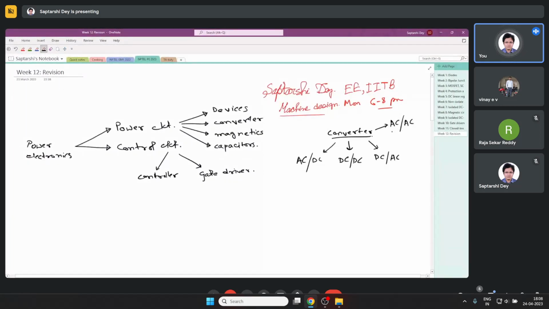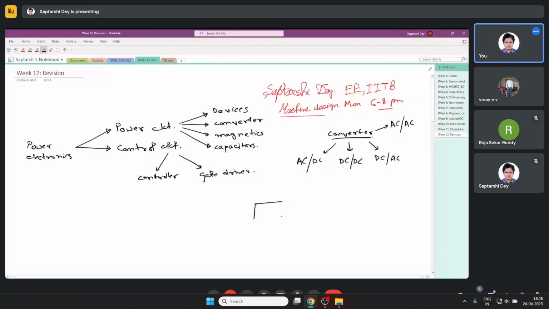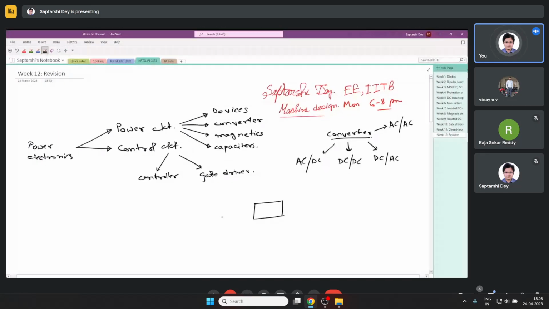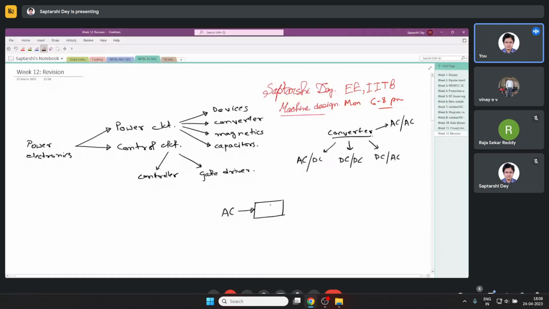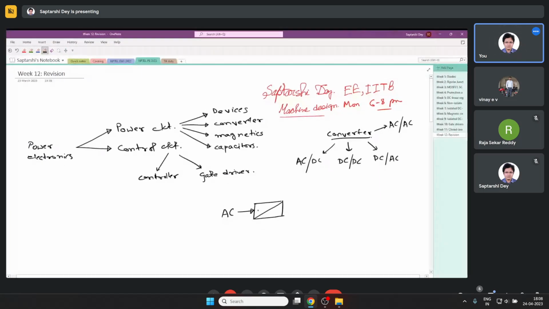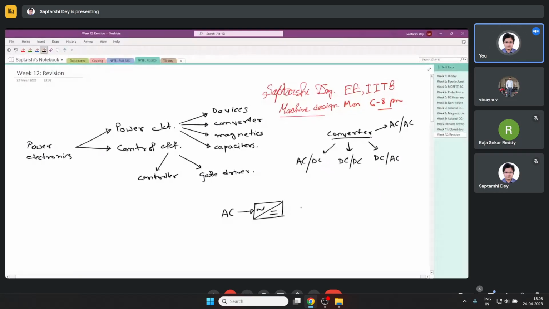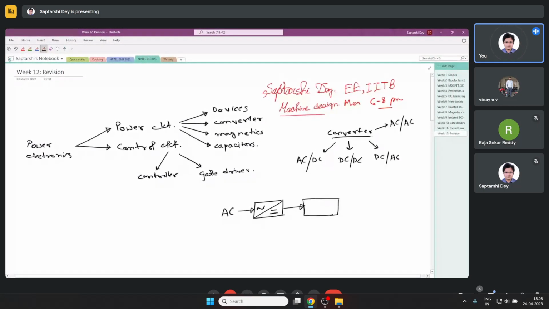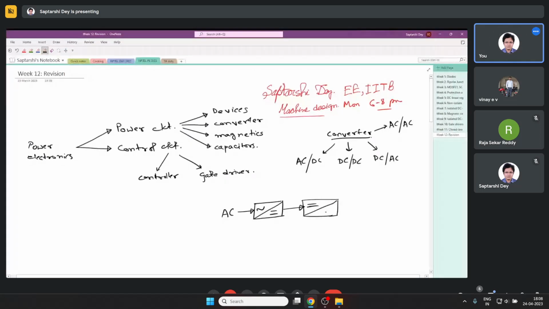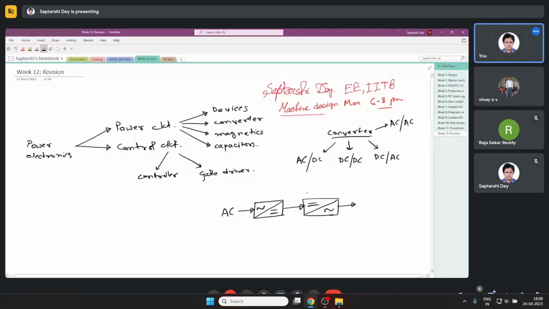But cycloconverters are not that much used nowadays. If you have to do AC-AC conversion, what people do is convert AC to DC, then convert that DC again to AC using an inverter.